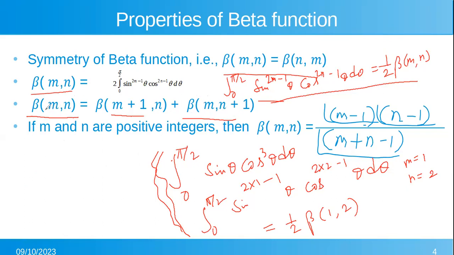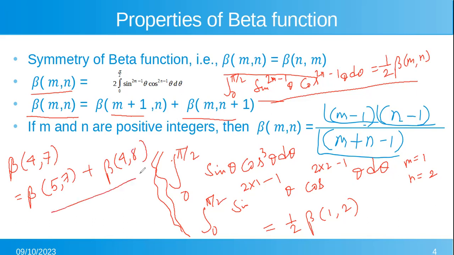That means given beta m, n, the first part is beta m plus 1, n, and the second part is beta m, n plus 1. For example, suppose we have beta 4, 7. We can write it as the sum of two beta functions: beta 5, 7 plus beta 4, 8. Clear? Understood?